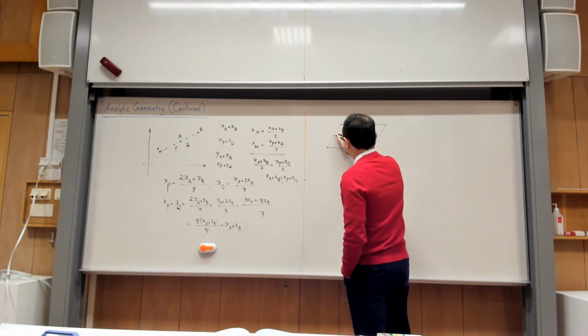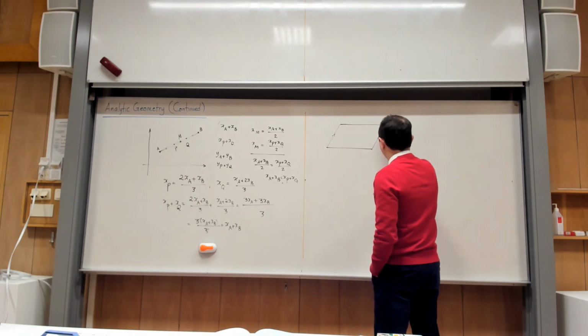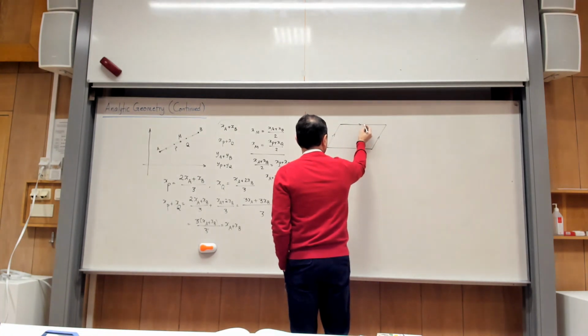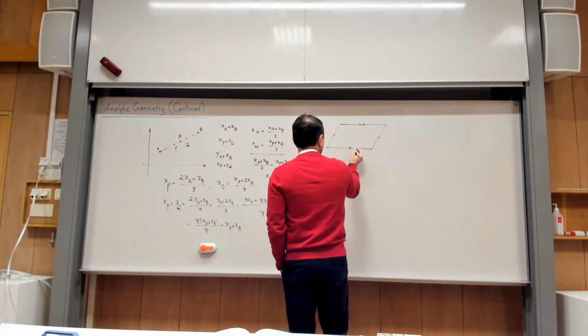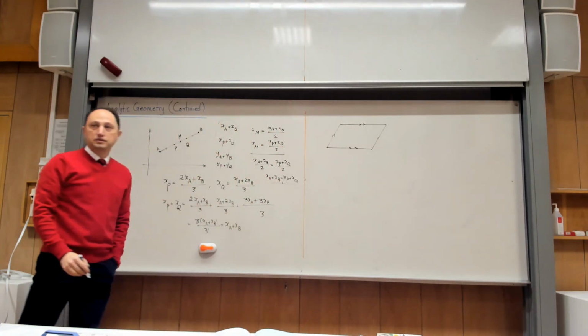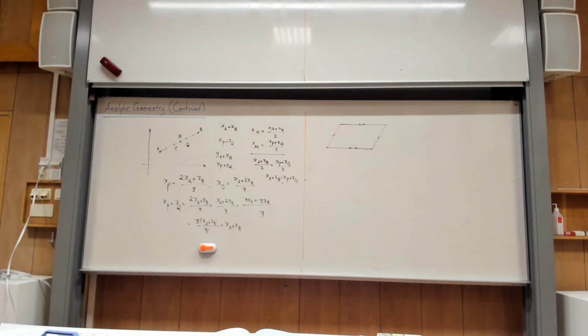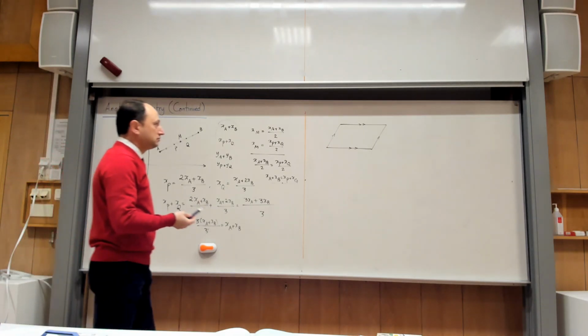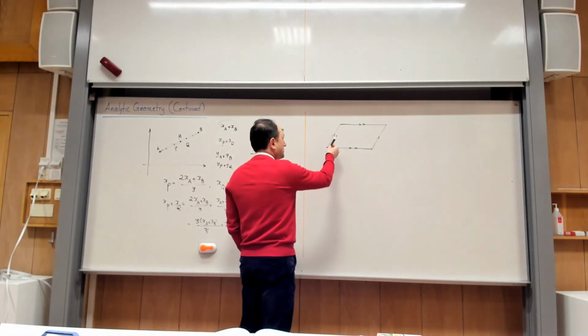So this one, for example, is parallel to this one, and this one is parallel to this one. If you have such a quadrilateral, it is called a parallelogram.